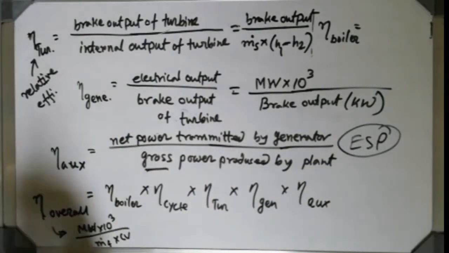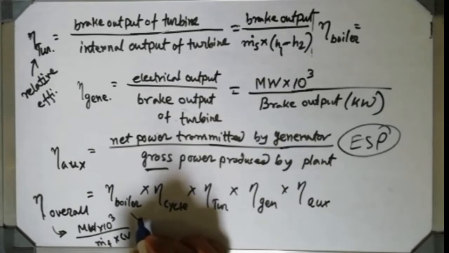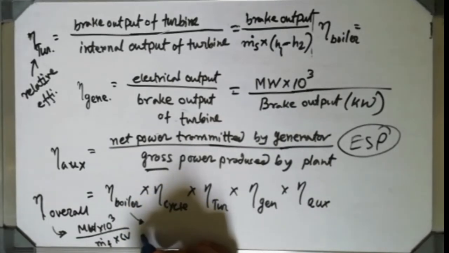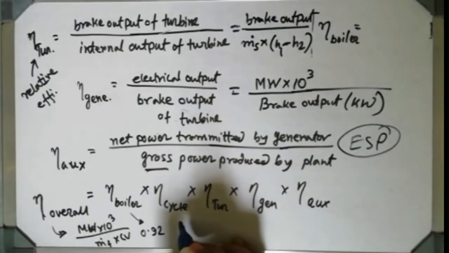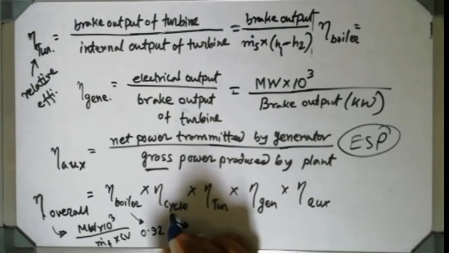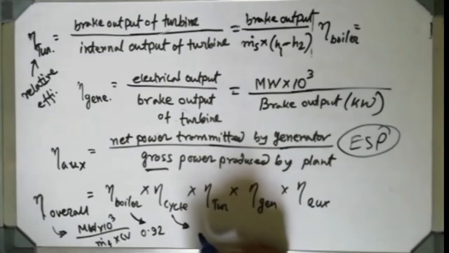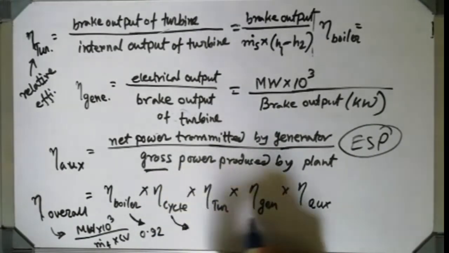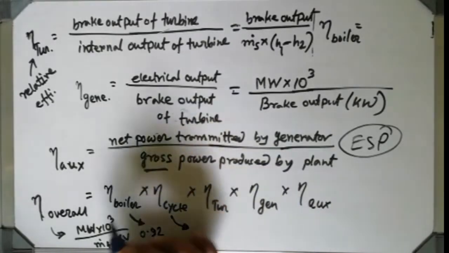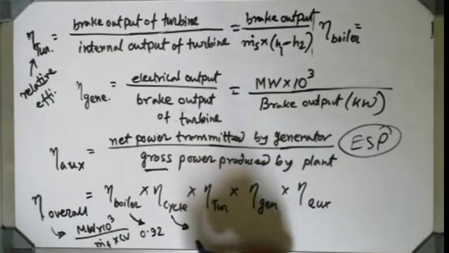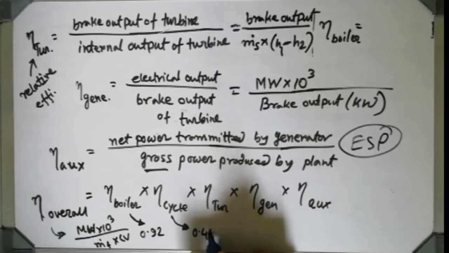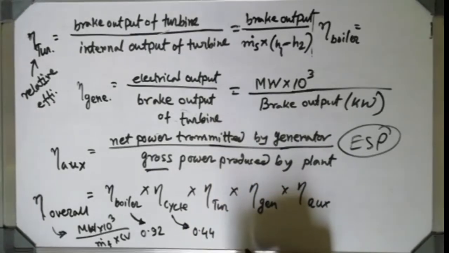I can give you a typical hint: eta boiler most of the time comes in a range of 0.92 or 92%. I am giving you some common data; randomly these efficiency values come in this kind of range. Cycle efficiency is in between 40 to 50%.